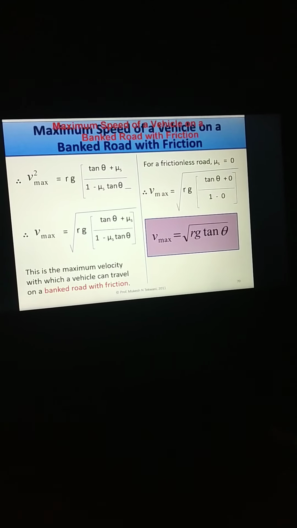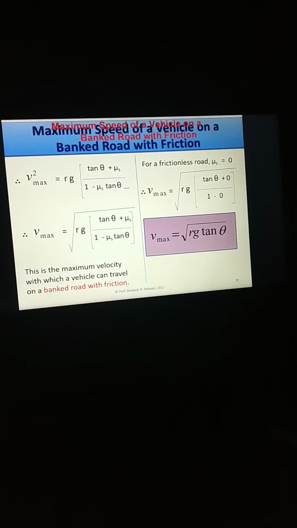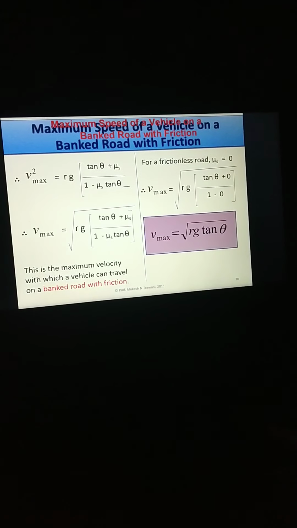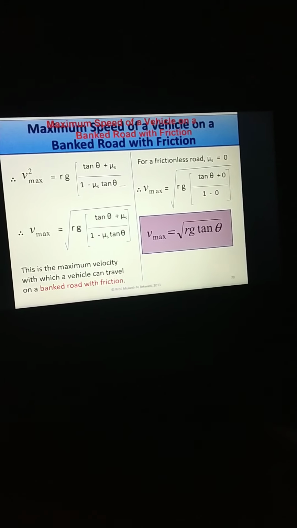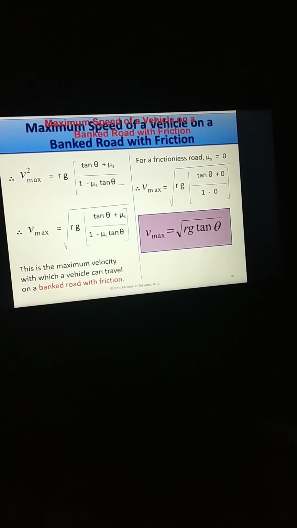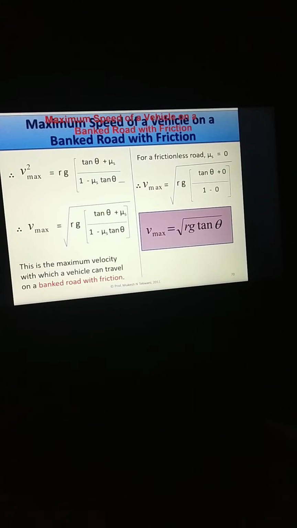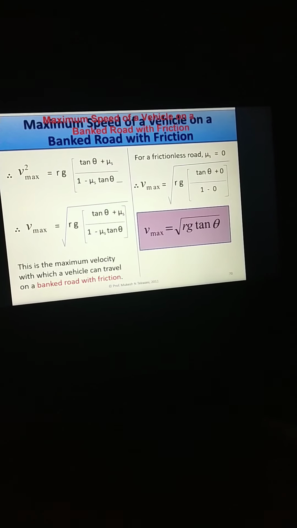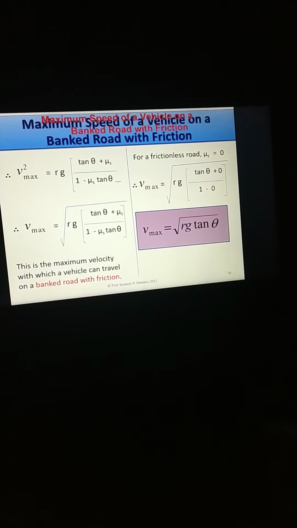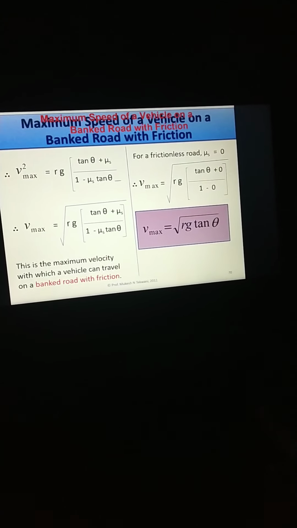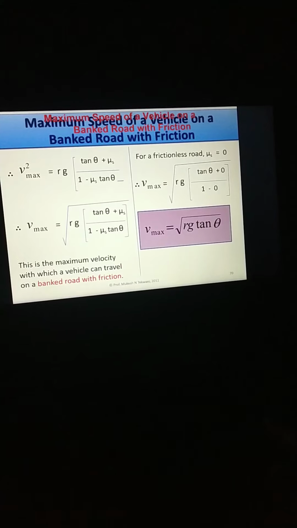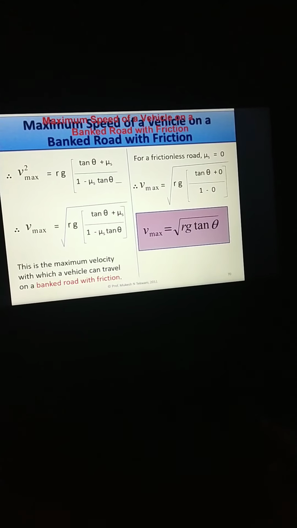So if we eliminate mu s from the expression, we put it as 0. So v max equal to the square root of rg, tan theta plus 0 divided by 1 minus 0. So we get the actual expression v max equal to square root of rg tan theta. So this is nothing but the maximum safe speed with which a vehicle can travel along a banked curved road.